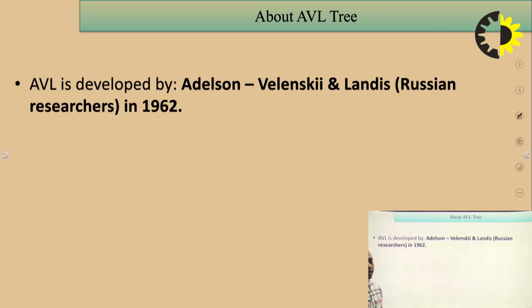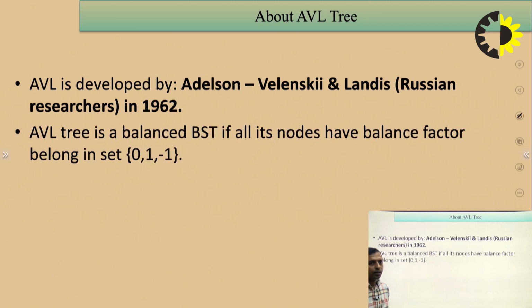Some points about the AVL tree. AVL was developed by Adelson-Velsky and Landis. These are Russian researchers, and it was developed in 1962. The AVL tree is a balanced BST if all its nodes have a balance factor belonging to 0, 1 and -1.